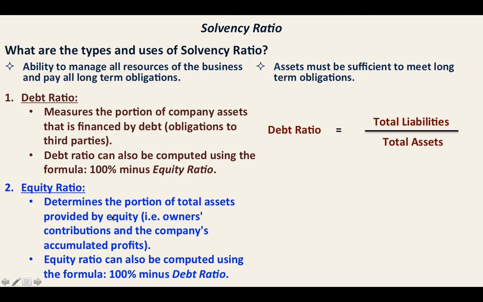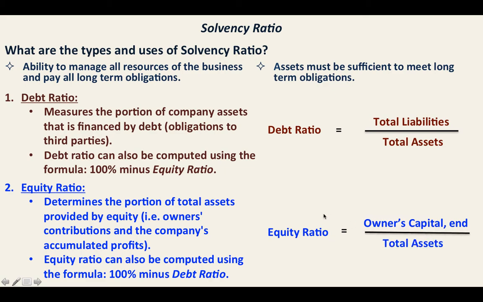When we speak of equity, it means owner's contribution and the company's accumulated profits, the total of the two. Equity ratio can also be computed using the formula 100% minus debt ratio. Again, class, equity ratio, the formula is owner's capital over total assets.